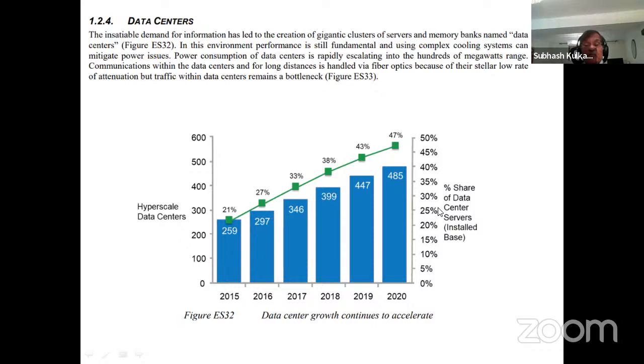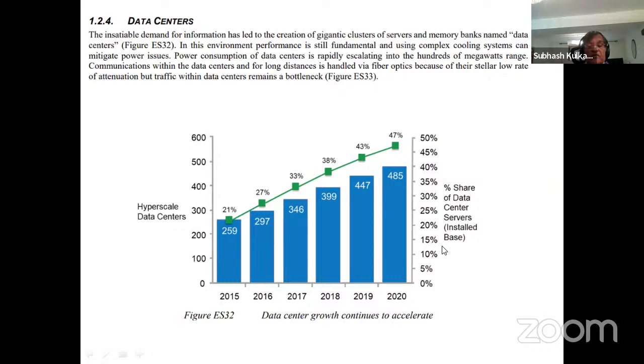And the percentage share of data centers with servers has gone up. This is almost half of the data centers have servers. Without servers, you cannot really run data centers because amount of information coming at the data centers is so huge. And there are about 485 worldwide. There were 259 in 2015.